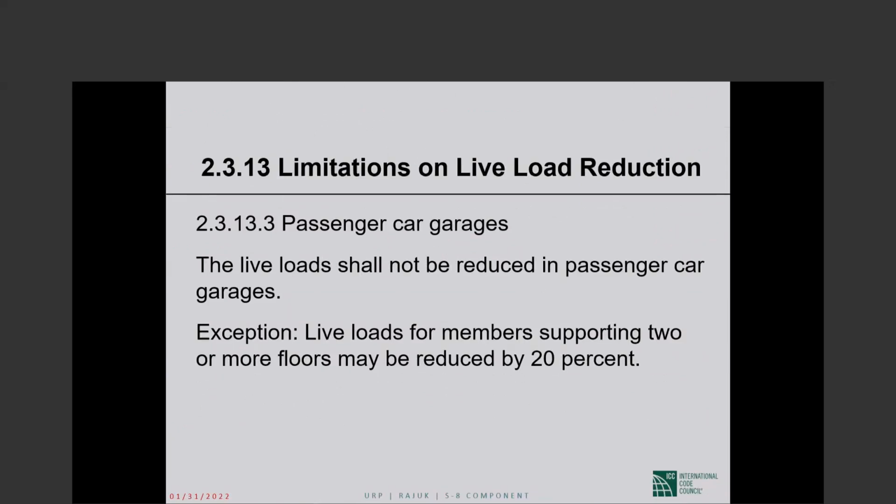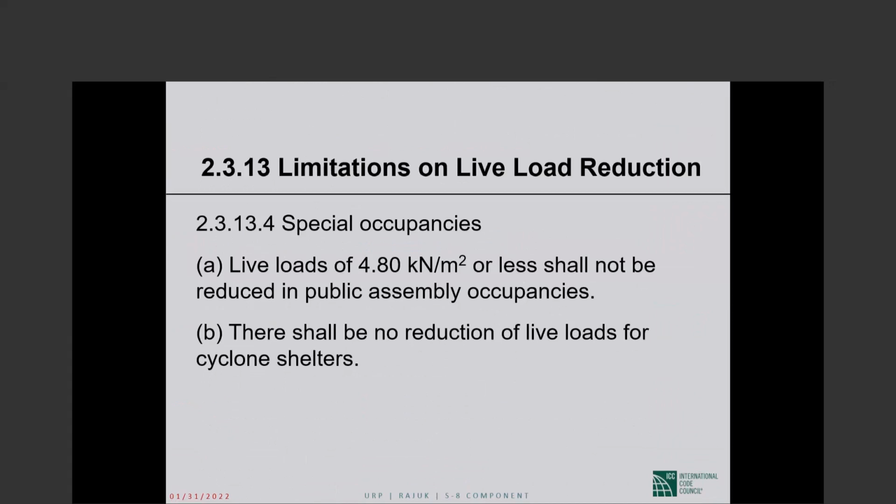Passenger car garages, same thing. Live loads shall not be reduced, but the exception says live loads for members supporting 2 or more floors may be reduced by up to 20%. Special occupancies.